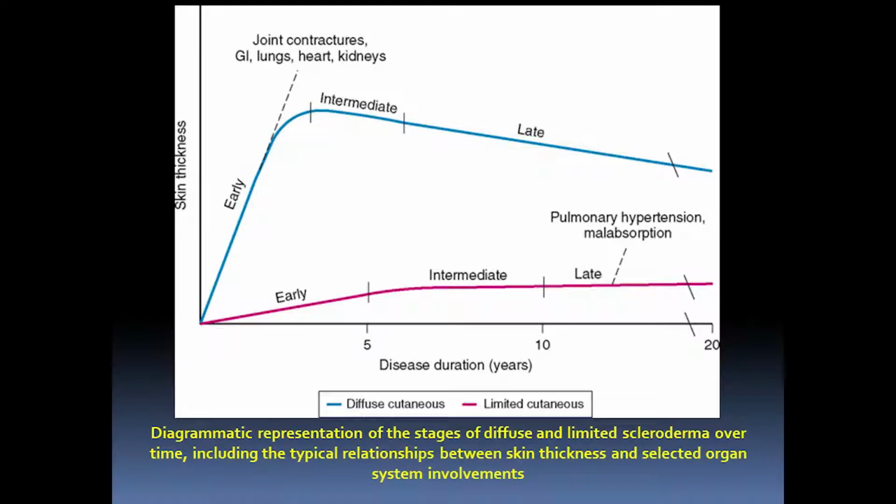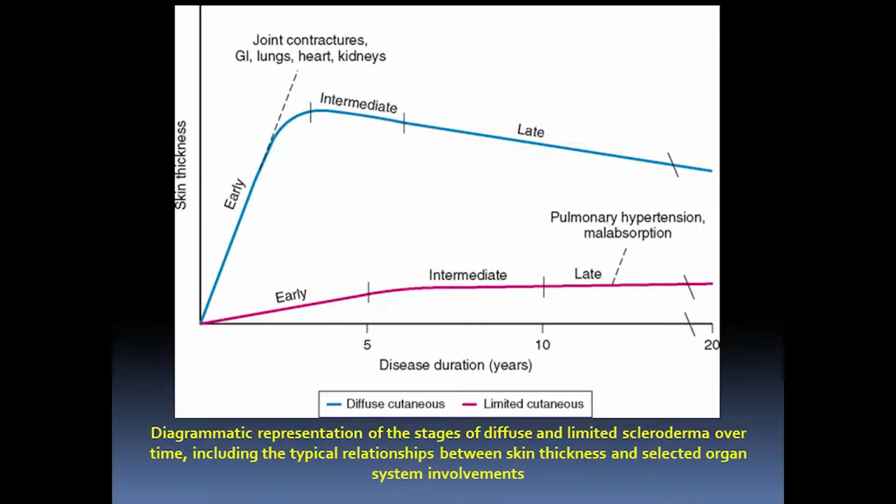Then it tends to stabilize, regardless of any pharmacologic intervention. And then it starts to spontaneously get better. The progression happens from distal to proximal, and the regression happens from proximal to distal. So the part that hardens last in those with diffuse scleroderma softens up first.